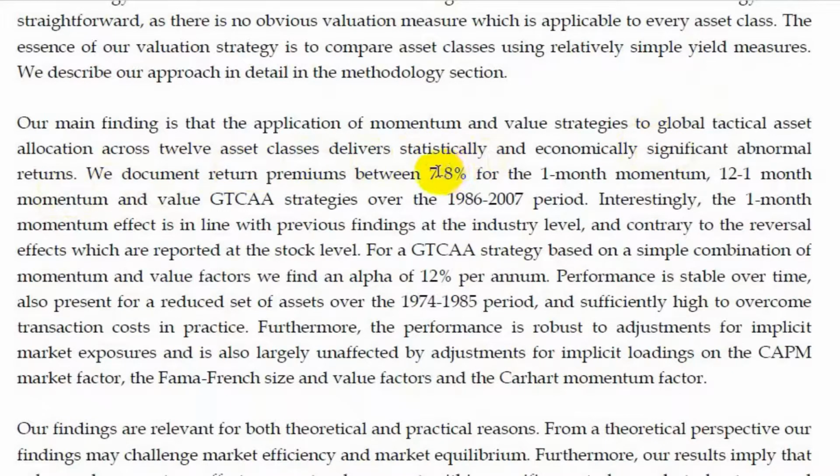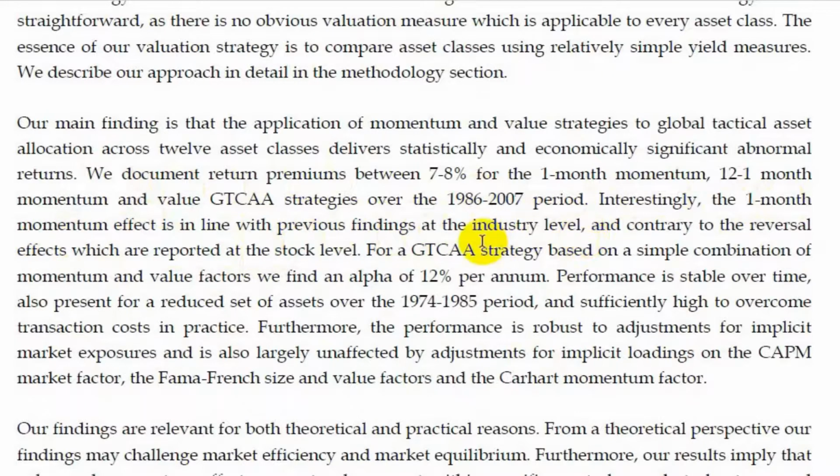And it looks like they found 7 to 8% return premiums for the 1 month and the 12 minus 1 month momentum strategies, as well as the value strategy over the 1986 to 2007 period. And the study corroborates the 1 month momentum effect at the industry level, but contradicts prior studies' effects at the stock level.